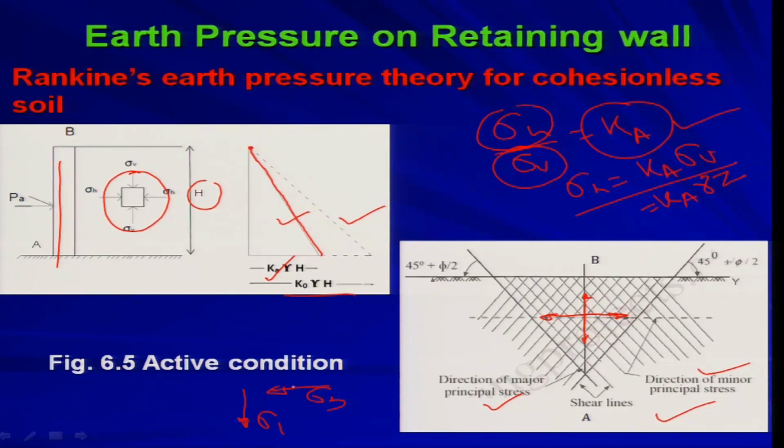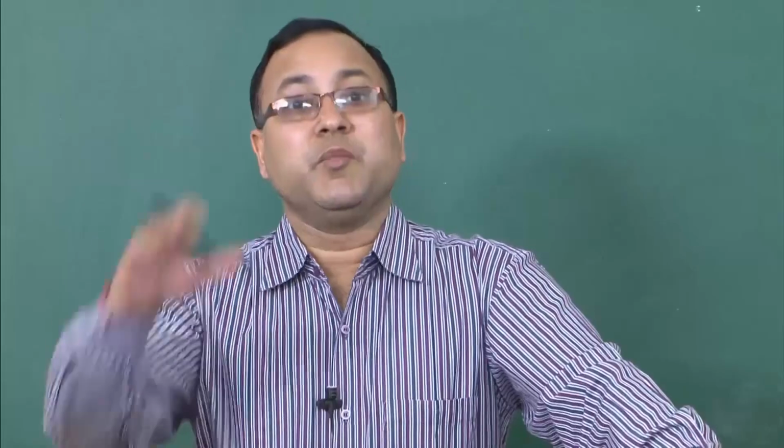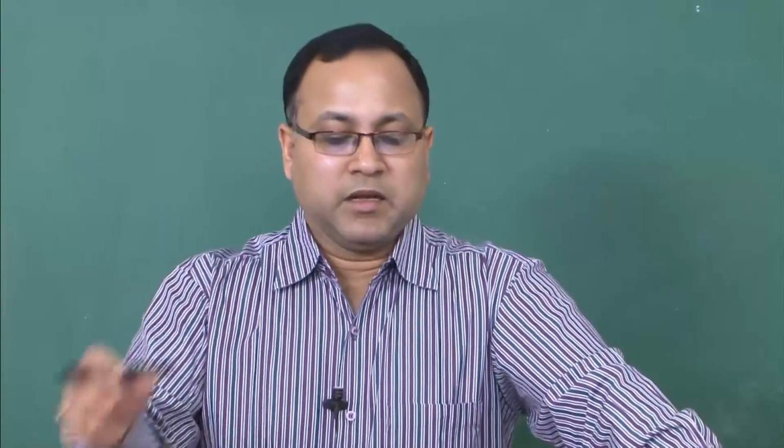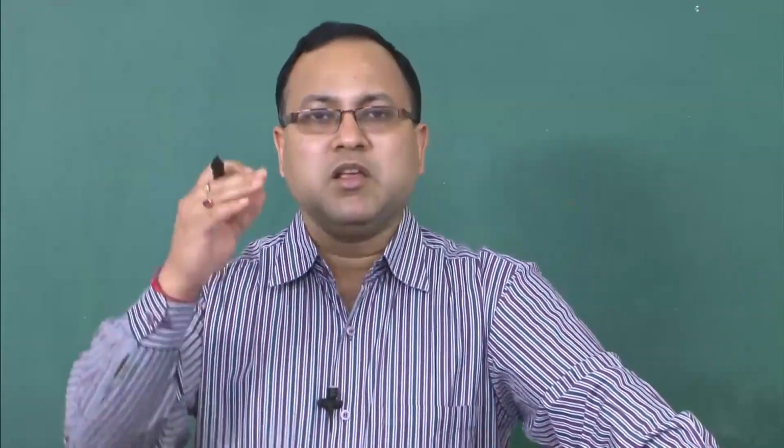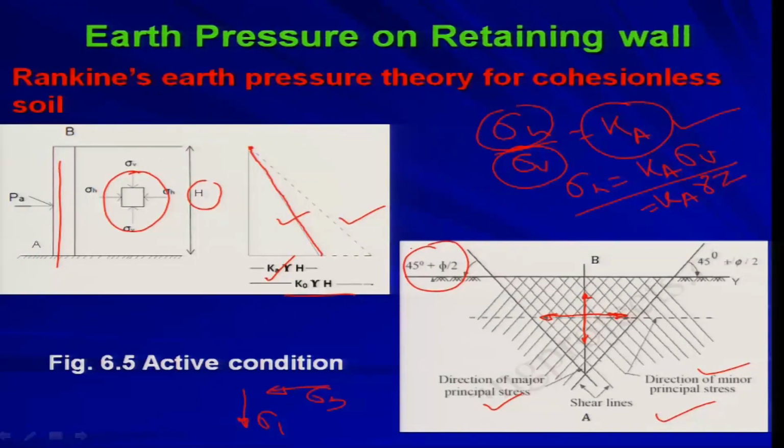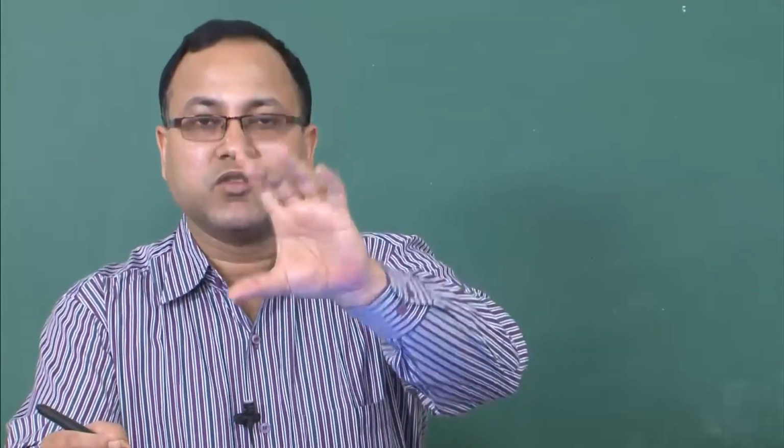In that situation, in the Mohr circle, the slip lines, we will come to that point later on, will be making an angle 45 plus phi by 2 with the horizontal. Horizontal means the plane on which sigma 1 is acting. Sigma 1 is acting in the vertical direction, so sigma 1 is acting on the horizontal plane.